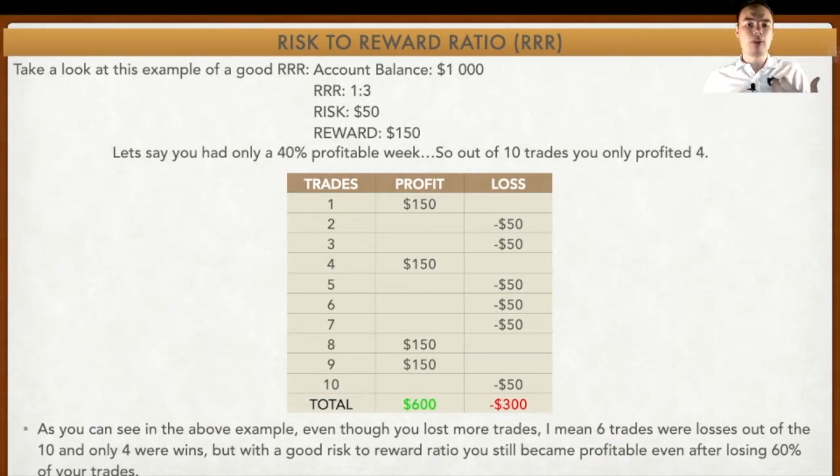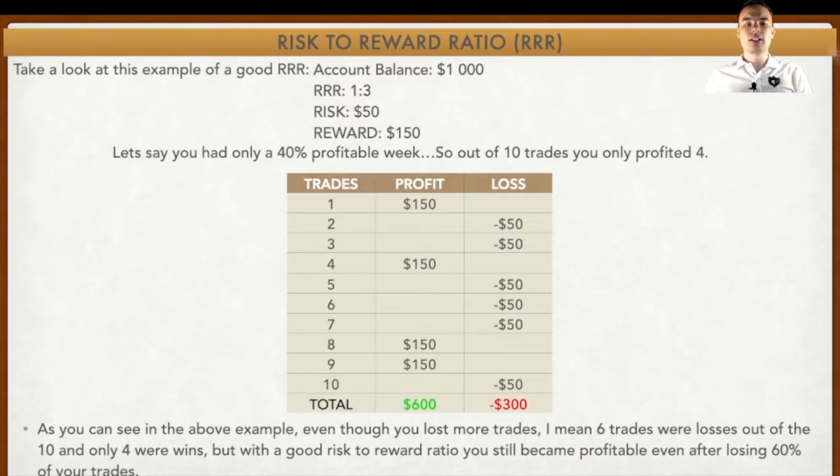Because your take profit was $150 and you've won 4, it's 150, 300, 450, 600. With your profit, you've made $600. You count your losses: 50, 100, 150, 200, 250, 300. 6 losses at $50. You had $1,000 in your account.